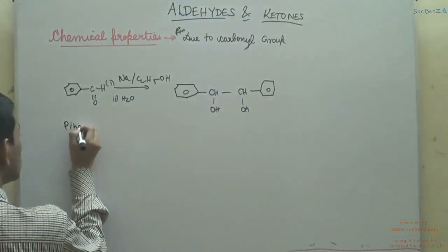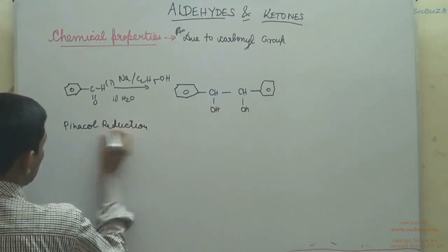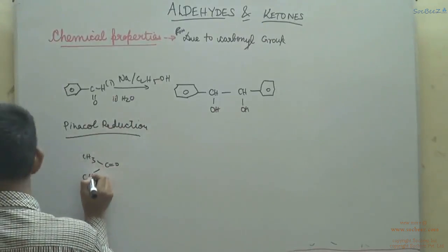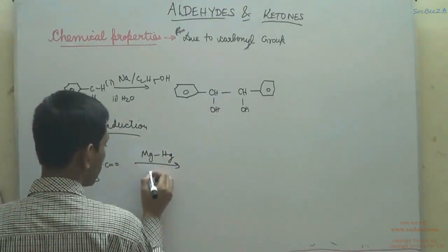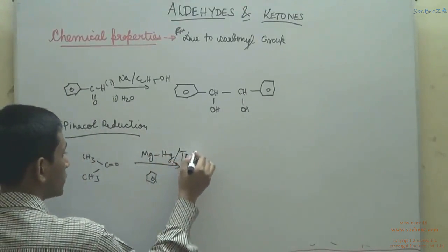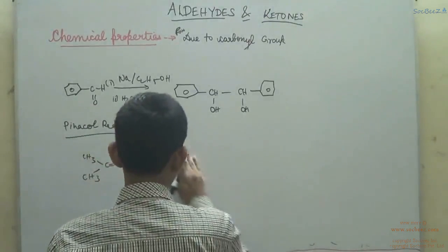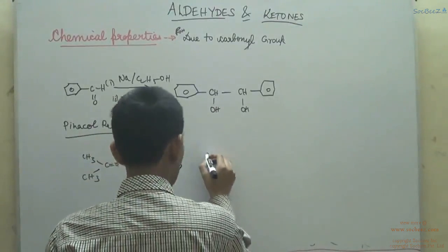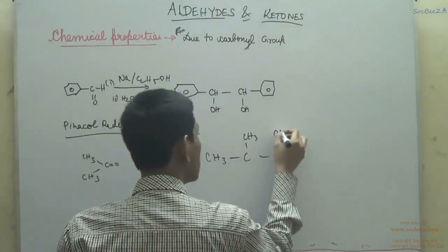Then pinacol reduction. Remember, this is not the pinacol-pinacolone rearrangement, this is pinacol reduction. In this process, you have a ketone, and if you treat it in the presence of magnesium amalgam, with benzene as a solvent, then you'll get this kind of intermediate, CCH3, CCH3.